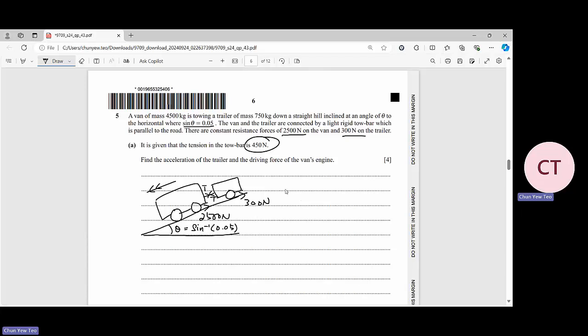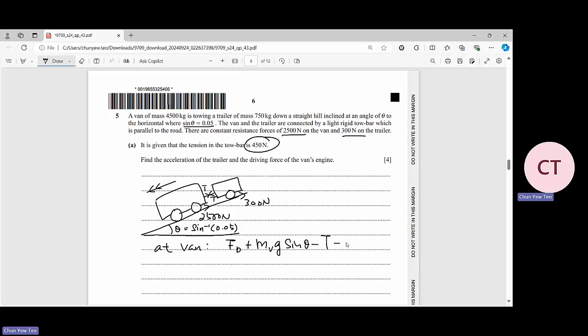So we consider the van. Your driving force plus the mg sine theta, where this is the mass of the van, so mvg sine theta, minus the T, then minus the resistance force.